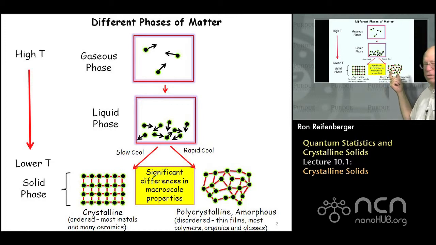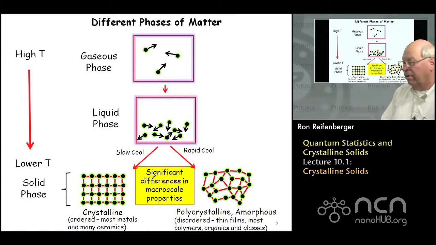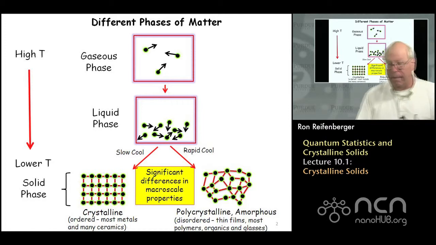The liquid solidifies in such a way that the individual atoms are not ordered in a regular fashion. If, on the other hand, you take a liquid and slowly cool it, the chances are that the atoms that comprise the liquid will have enough time to find their minimum energy location. And when they find their minimum energy location, very often the atoms condense into a crystalline phase of matter, which is highly ordered. It's very highly ordered, and it's characteristic of most metals and semiconductors and many ceramics.